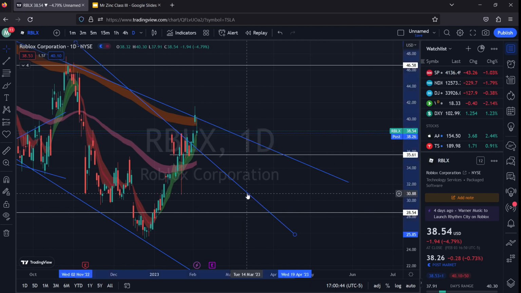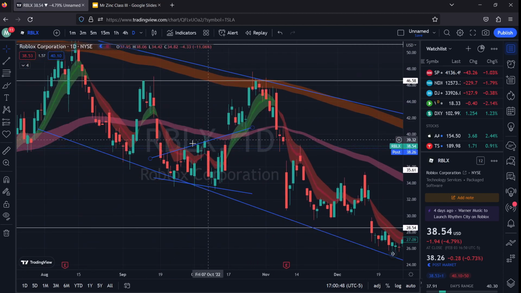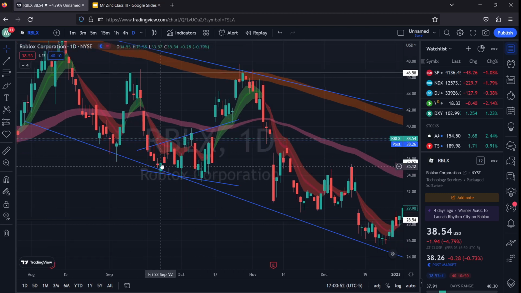So broadening wedges have a higher likelihood of the price retesting the breakout, the trend that it broke out of. So I would validate this being a broadening wedge because you have the expanding pattern, multiple touches on your trend line, which validates that trend line, and then you have your break and retest.